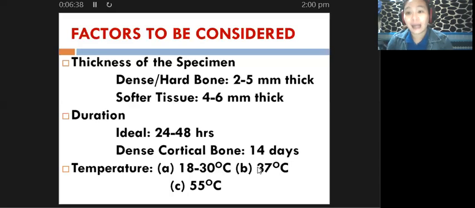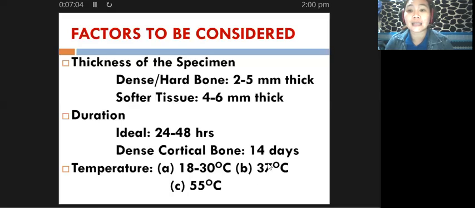The staining, which is a consequence of performing decalcification, will become worse if you perform decalcification at higher temperatures. Particularly, you have to take note of the following temperatures.